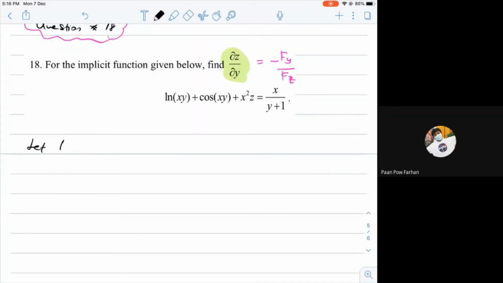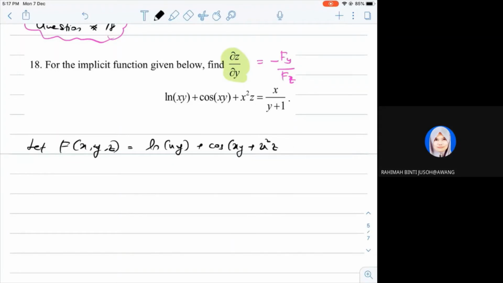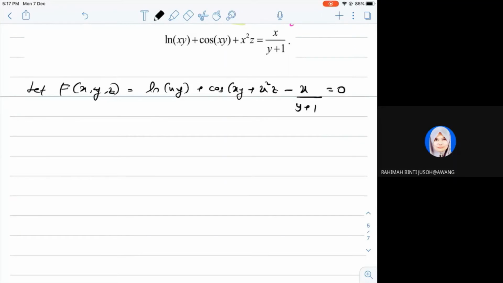We let f(x, y, z) equals ln xy plus cos xy plus x squared z minus, ni bawa ke sebelah kiri, left hand side, minus x over y plus 1. Equate this with 0. Okay, so that is your function now.